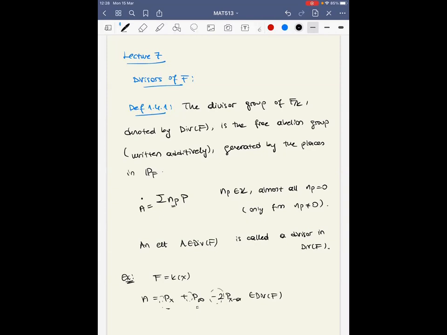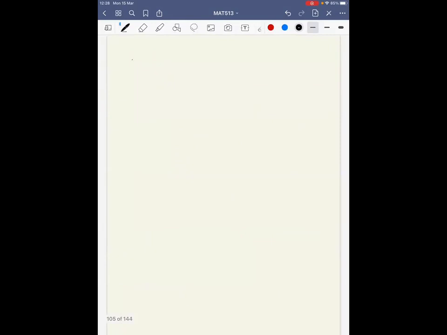Regarding these non-zero coefficients, we will introduce what is called the support of A, which is denoted by sup of A briefly. It contains the places with non-zero coefficients that appear in the sum of the divisor.